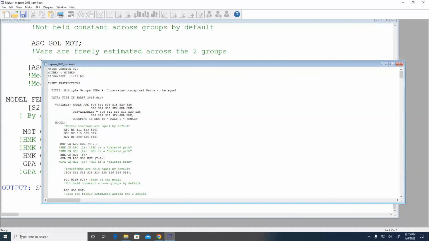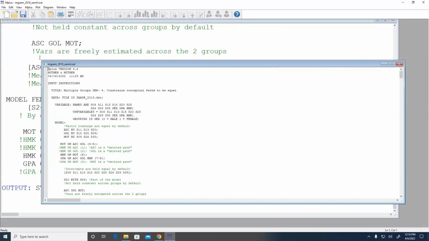And when I do that, now the chi-square is 118.53 with 98 degrees of freedom, and the model we had before was 139.61 with 99 degrees of freedom. So by just allowing that one mean to vary across the two groups, the chi-square drops by 21 points with 1 degree of freedom. This is a better model than the one where we constrained all of the means to be equal.